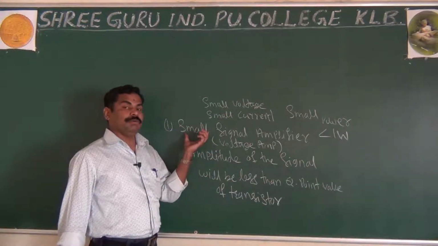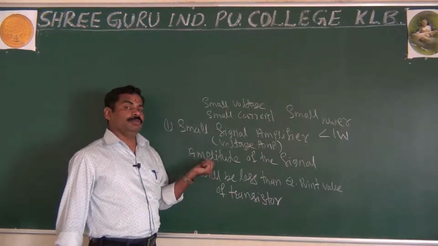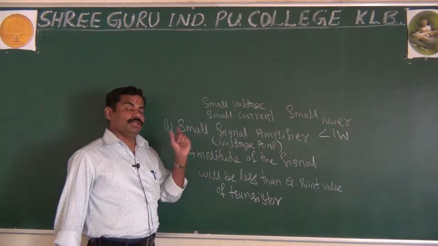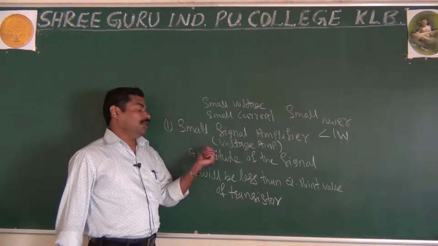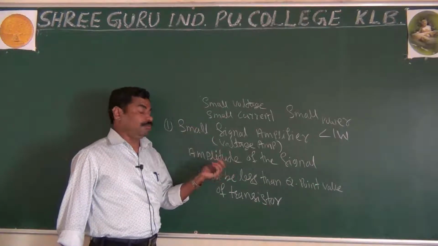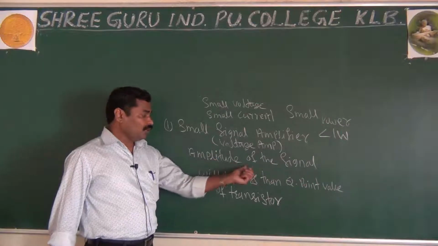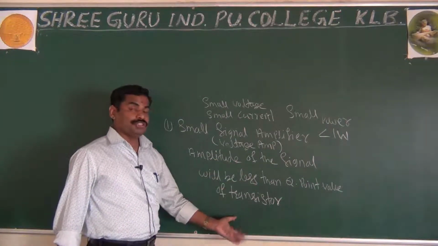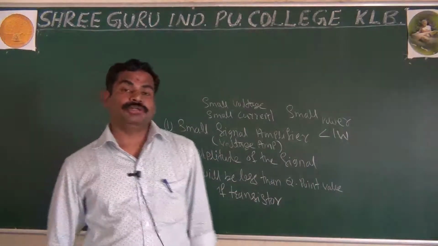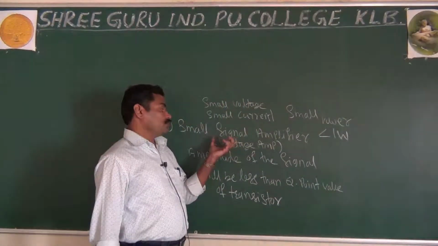The small signal amplifier is a type of amplifier in which you are applying a very, very small input signal. The amplitude of the input signal will be less than the Q point value of the transistor. That type of amplifier is the small signal amplifier.